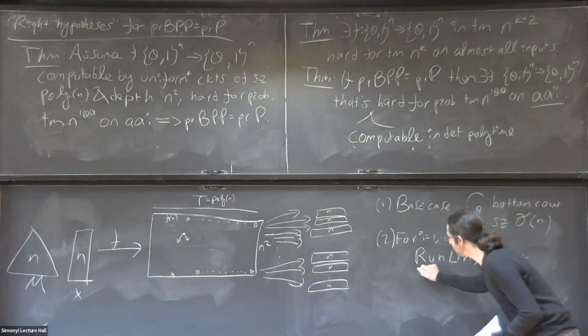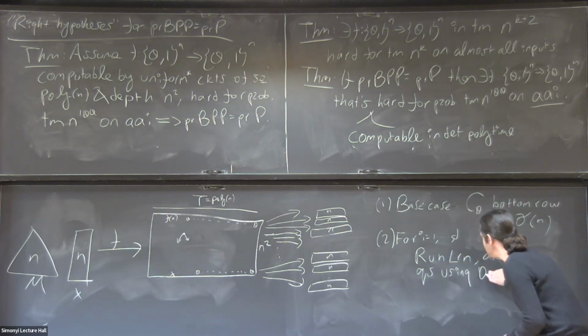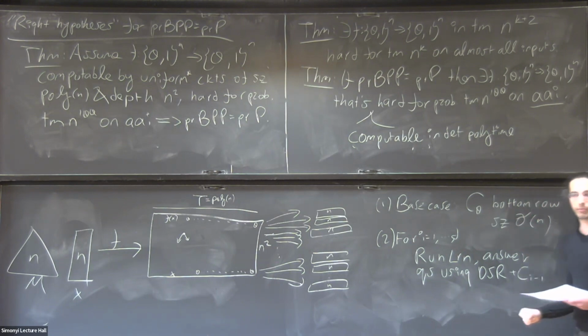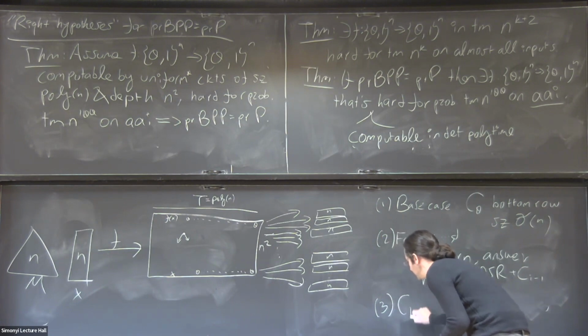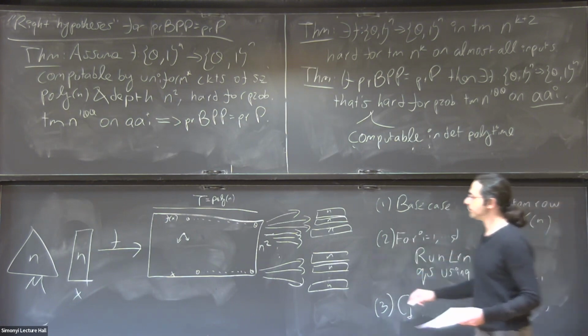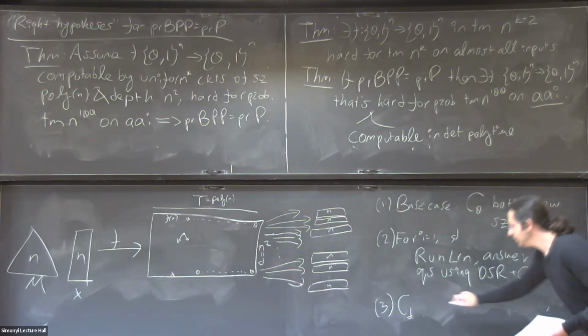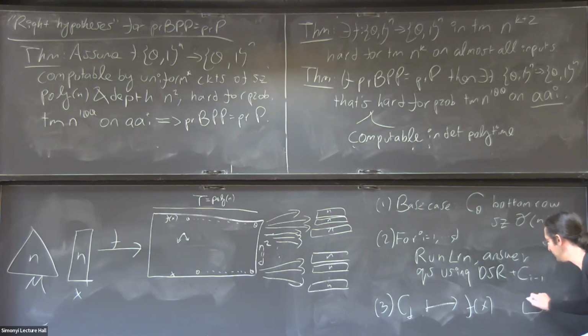In the end, we get C sub d, just to be nice, this is the top row. And we just evaluate it to get f of x. We are happy.